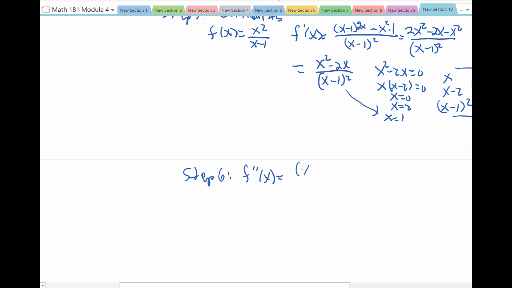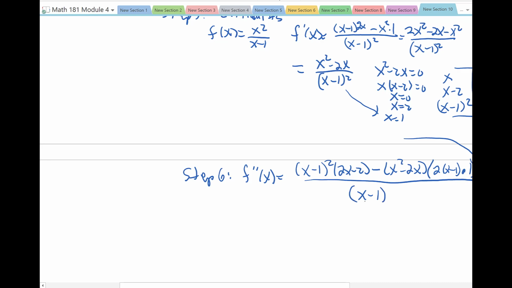So this would be x minus 1 squared times 2x minus 2 minus x squared minus 2x times 2 times x minus 1, all over x minus 1 to the 4th. And the goal is if we can factor out an x minus 1, we can knock that down to an x minus 1 cubed down below.